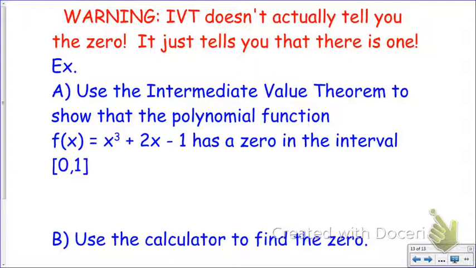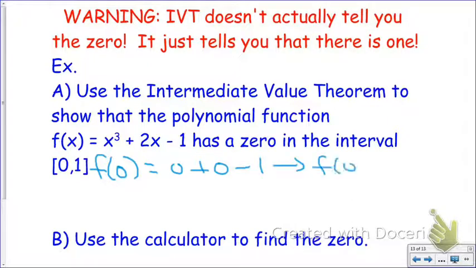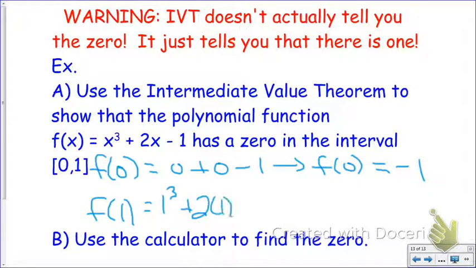So let's plug in 0 into our function. f of 0 is going to end up equaling 0 plus 0 minus 1, so f of 0 is equal to negative 1. It is negative. Let's find f of 1. f of 1 is equal to 1 cubed plus 2 times 1 minus 1.